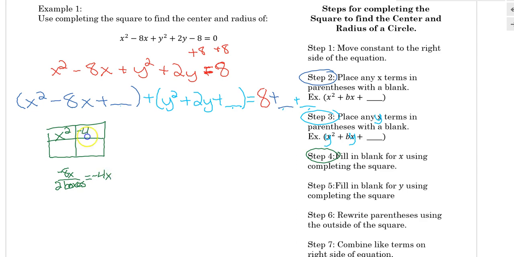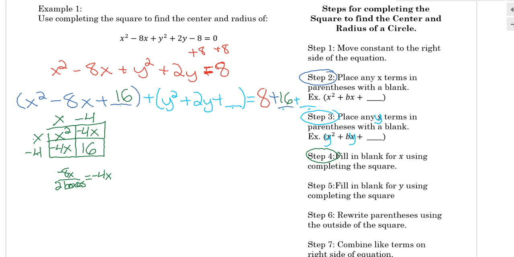So negative 4x, negative 4x. X squared is x times x. X minus 4, x minus 4. Negative 4 times negative 4 is positive 16. So I'm going to put the 16 in here, and I am also going to put the 16 in on the other side.